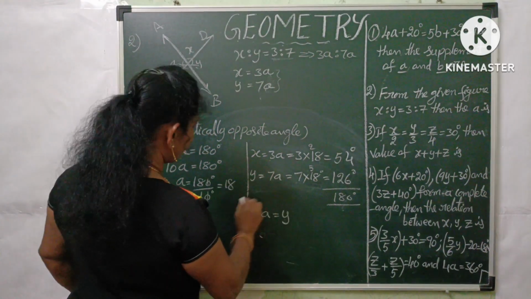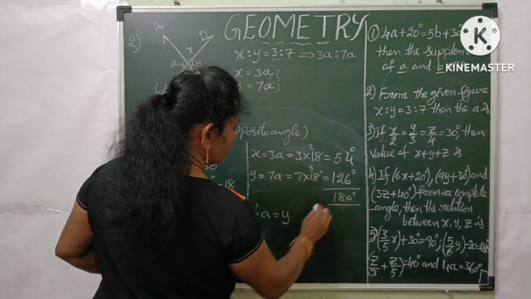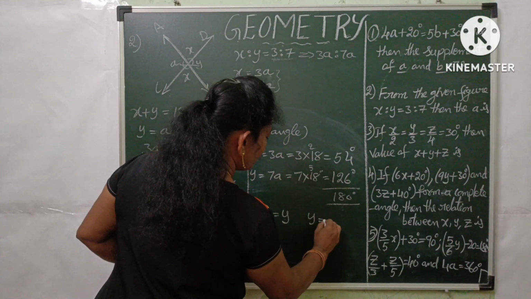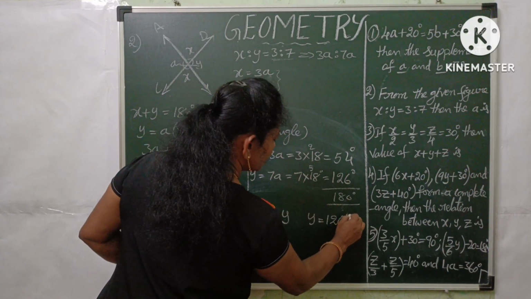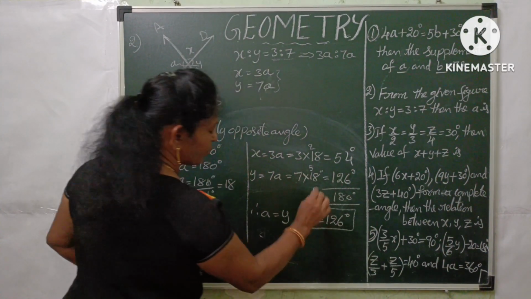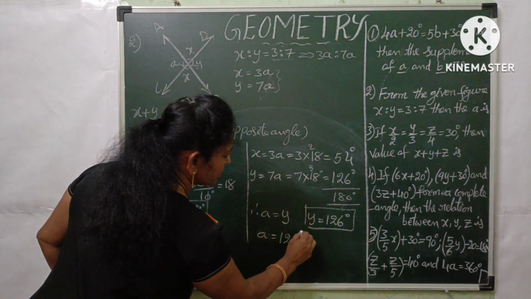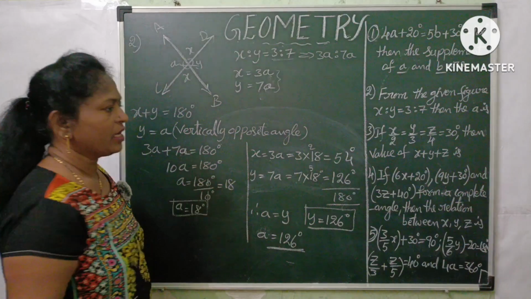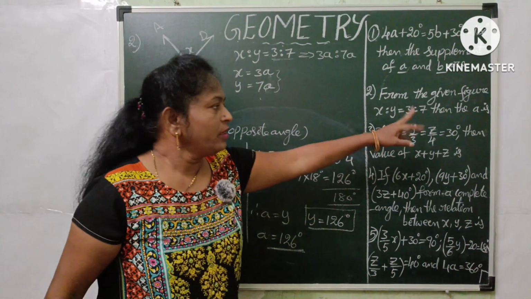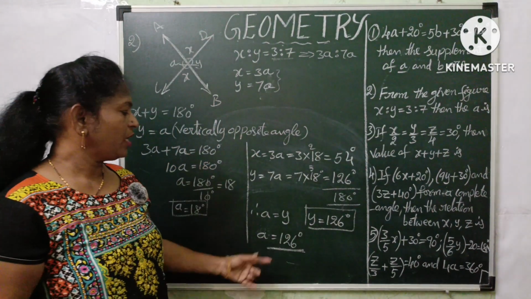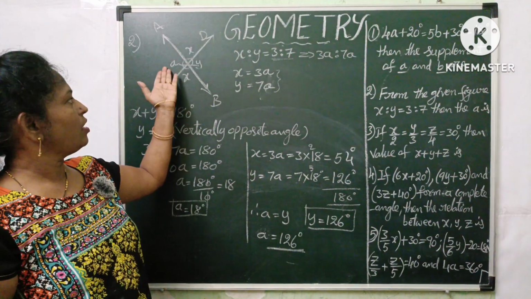Here we know the y value is 126 degrees. Therefore, y equal to 126 degrees. Then a equal to 126 degrees. They are asking that. A means it is the vertically opposite angle of y.